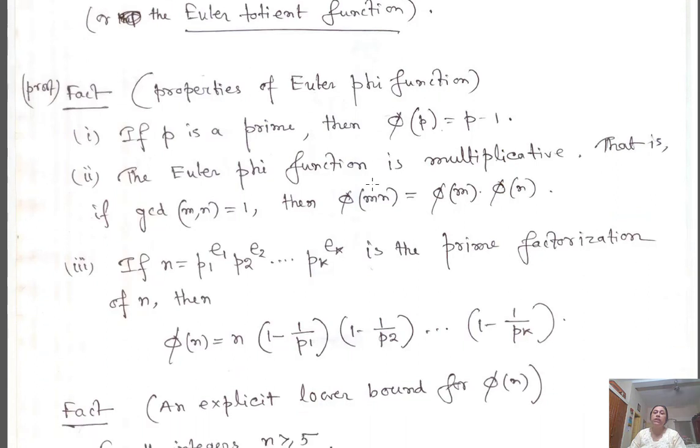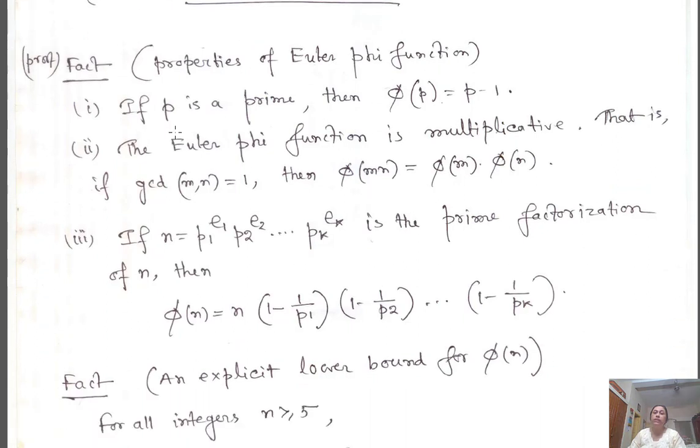Euler's phi function has these three properties. If p is prime, then phi(p) is simply p minus 1. You must be knowing this. Let me go through this once again, and we will also give the proof, not immediately; after a few classes I will discuss these proofs and give you some idea how to prove these things.